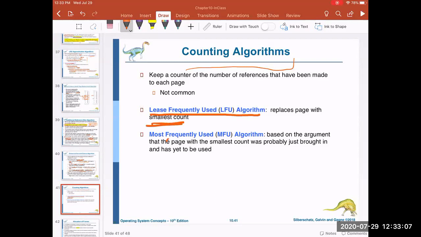And then there is the most frequently used algorithm, which says that the frame which is most frequently used, with the largest count, would be replaced. This considers that the smallest count is probably the frame which was just brought in and has not been used yet. So there are different algorithms that can be used for page replacement.